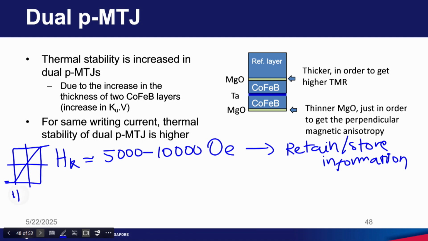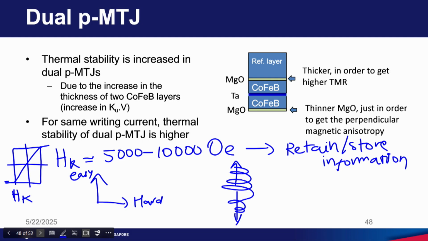So this is HK, right? Easy direction is perpendicular, hard direction is in plane. Even if your magnetization is going from one perpendicular direction to the other through the in-plane direction, basically the hard direction field is the same as HK in this case. So you don't spend extra energy to switch information.